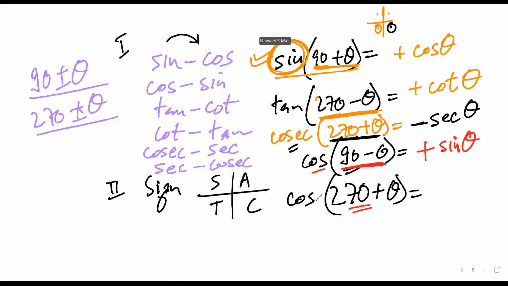There is a 270 here, so cos will change into sine. 270 plus theta is in the fourth quadrant, where cos is positive. So this would be plus sine theta. Okay. Is it making any sense now?